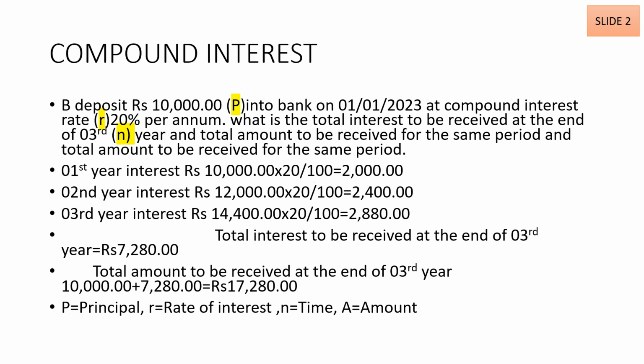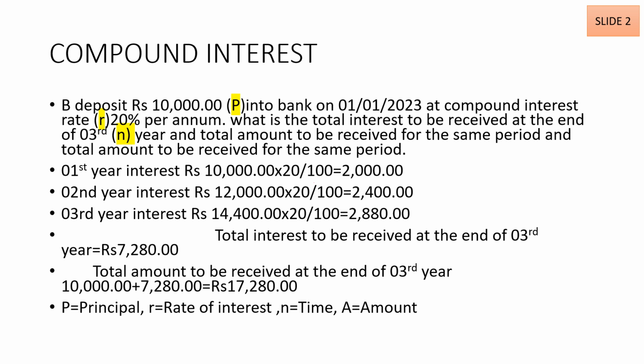From the beginning of the second year you apply 20% on 12,000, because the interest portion also gets added to the initial amount. So we end up with 2,400. And in the third year the amount is 14,400 into 20%, so the total interest is 7,280. If you want to see the full amount, we add back the initial 10,000, and you end up with 17,280.